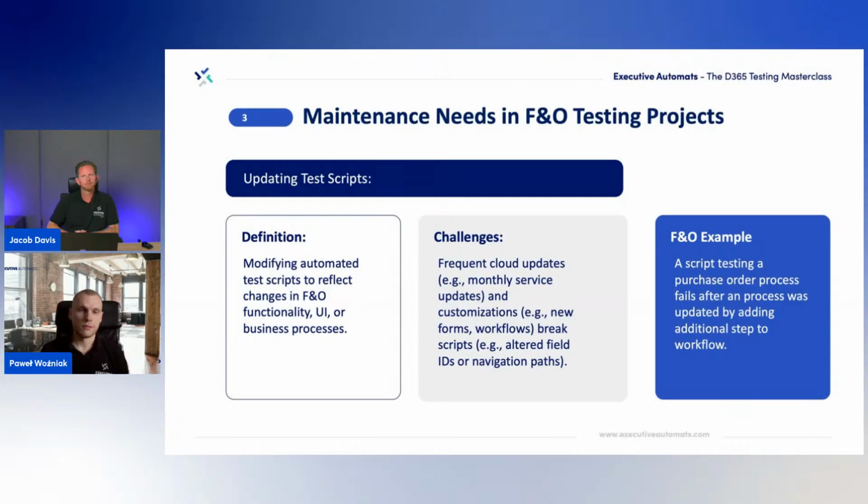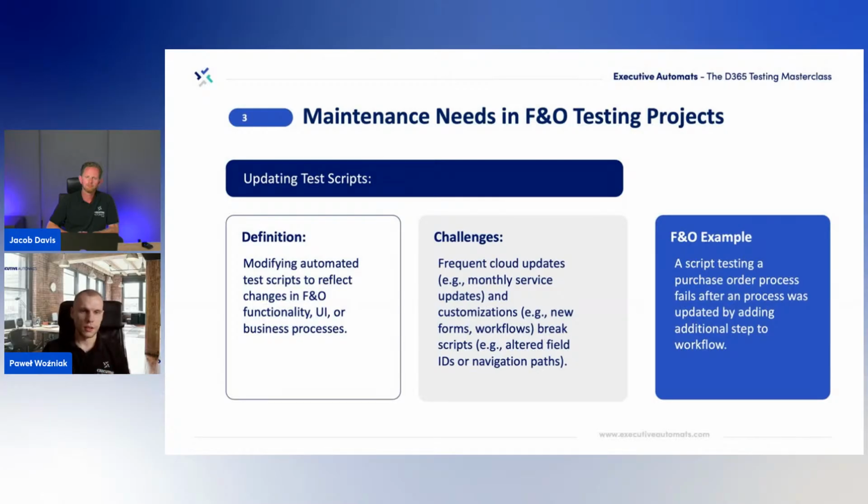As an example, in finance and operations, we have a script testing a purchase order process that fails after adding an additional step to the workflow. So let's imagine we have changes in the organization. We are changing our processes. We want to add an additional verification step to our workflow.